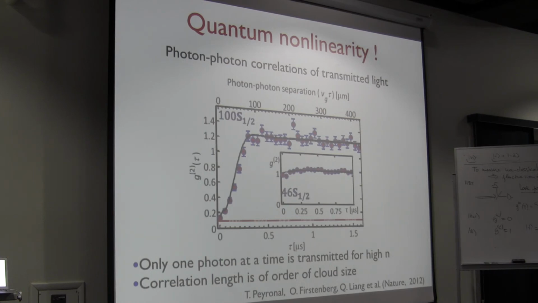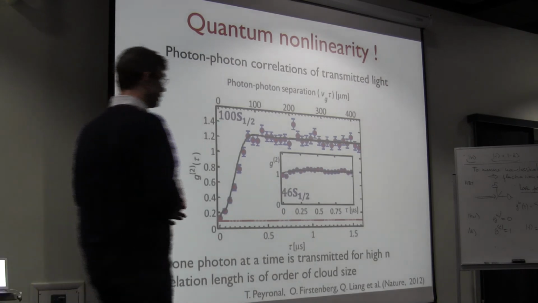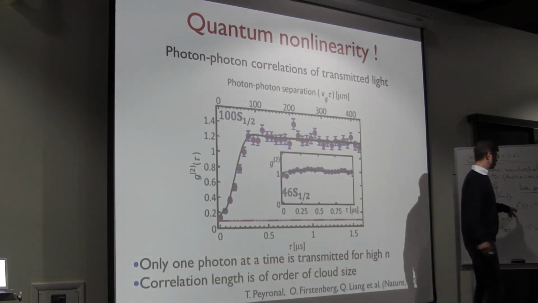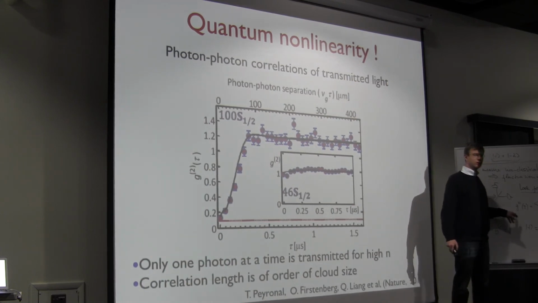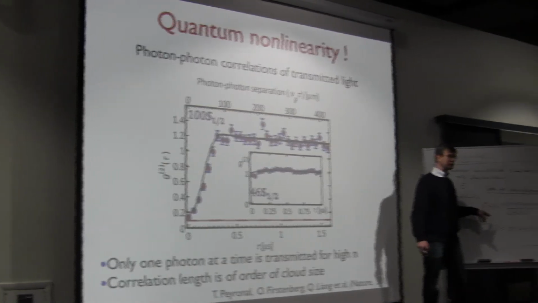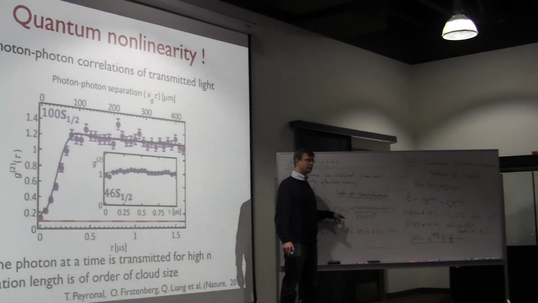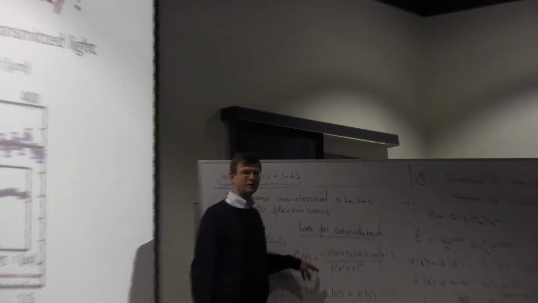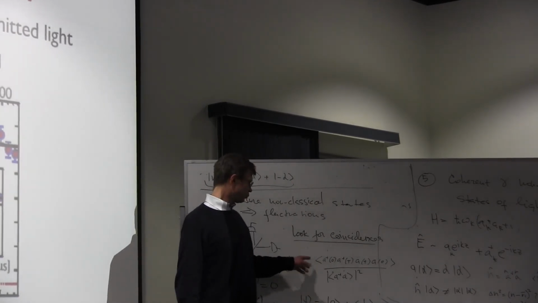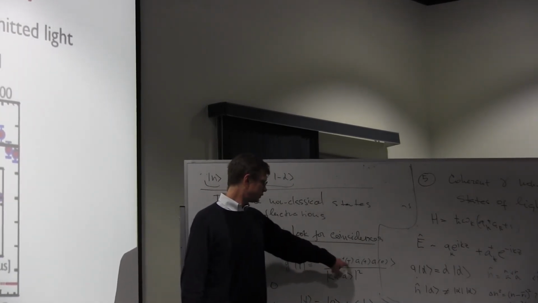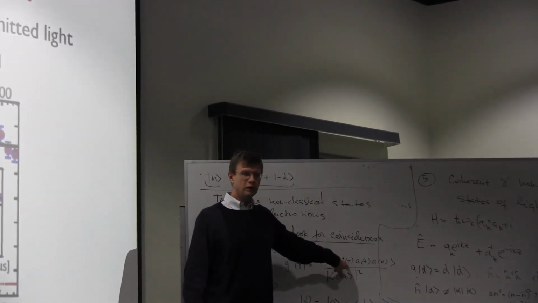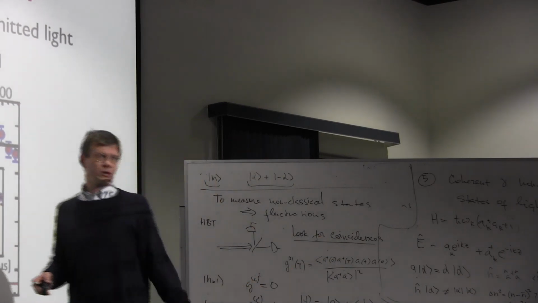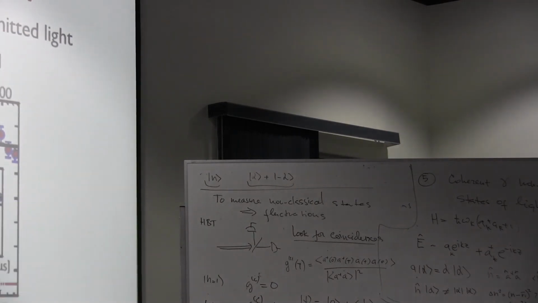And actually, if you go back to this definition of G2, there is one conclusion which you can make by the so-called method of careful inspection. So one thing is that if tau goes to infinity, if the time separation goes to infinity, what should be the value of G2?